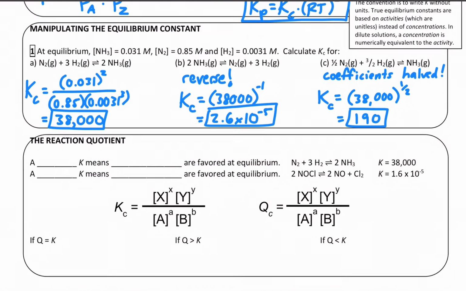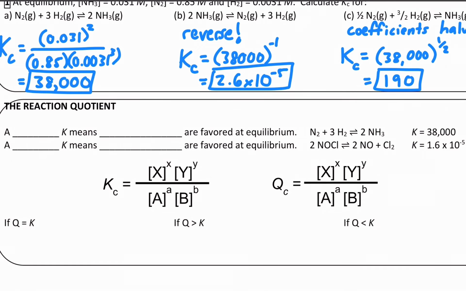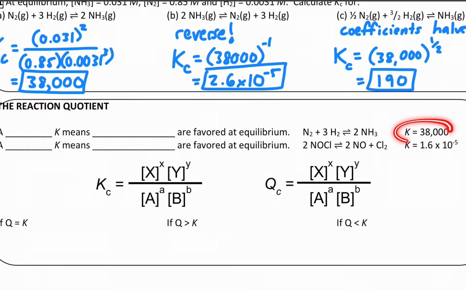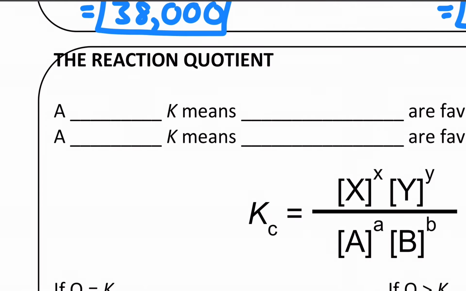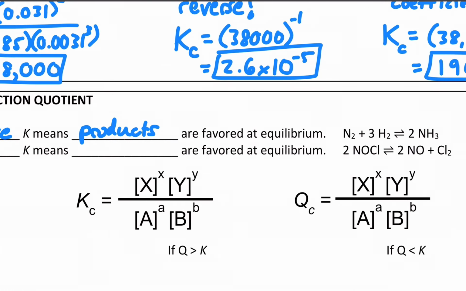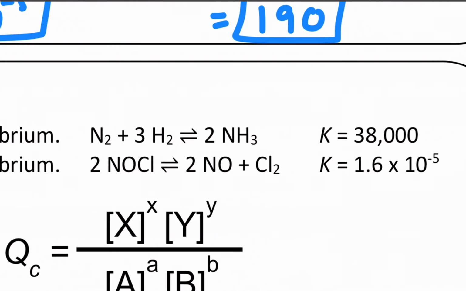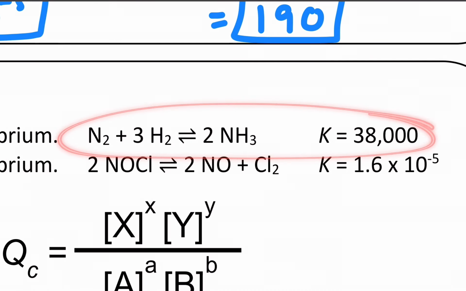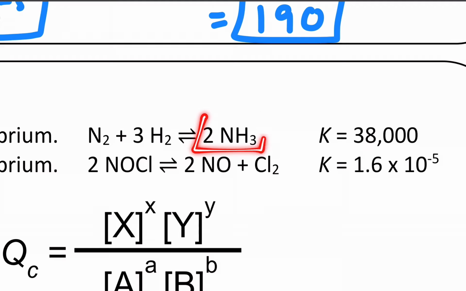Okay, lastly, what does the numerical value of K actually tell us? What does it mean when K is really big or when K is really small? We'd by default read reactions left to right, and a large K means that products are very favored at the equilibrium point. So this means that a very large K value for this reaction at whatever temperature it is mostly ammonia and not that much nitrogen and hydrogen, whatever the conditions of the reaction are.